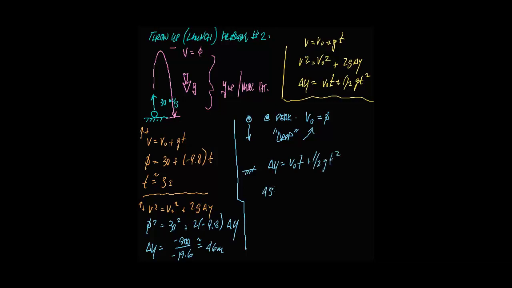And we can use 45.9, so we're closer to accurate. That's 0 times time, plus one half times g times t squared. Gravity is a positive 9.8 because we're moving downwards, and gravity is also downwards. That ends up being t equals the square root of 45.9 divided by 4.9.